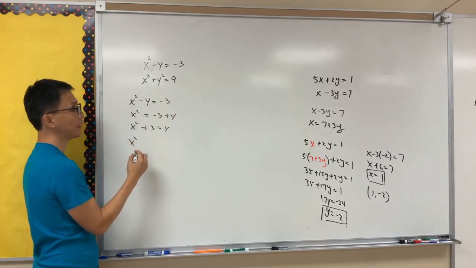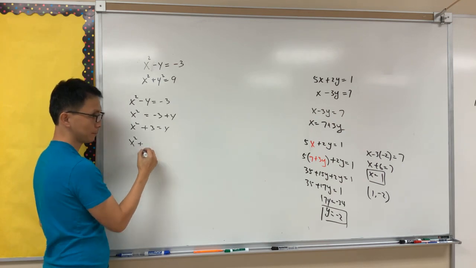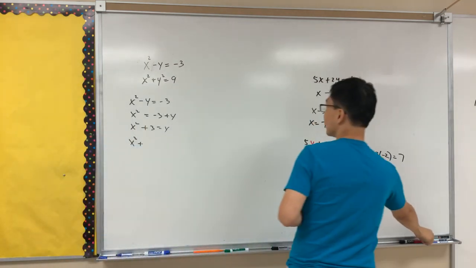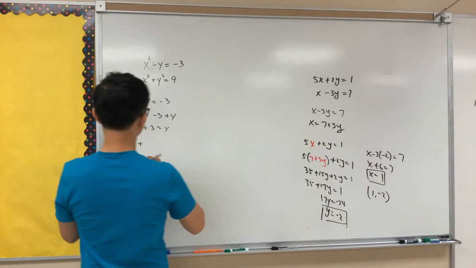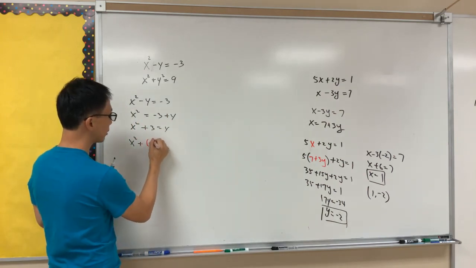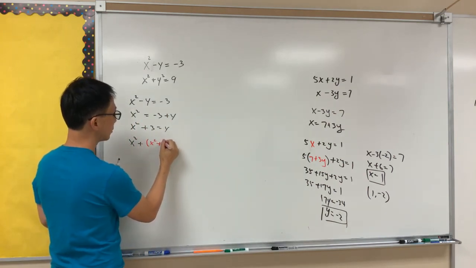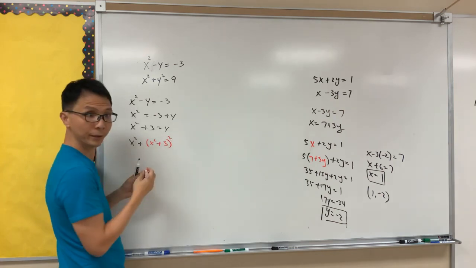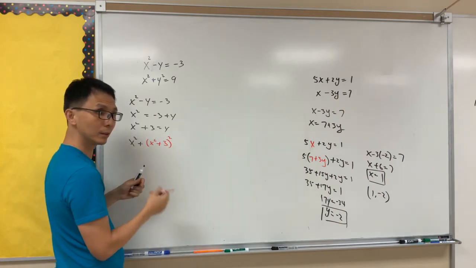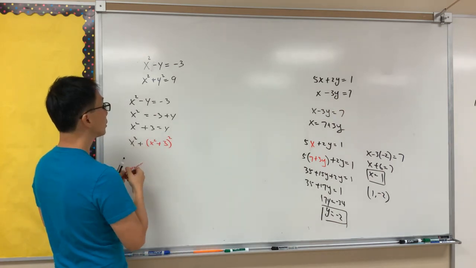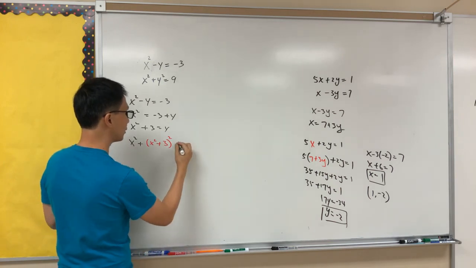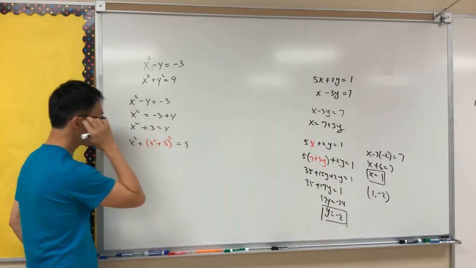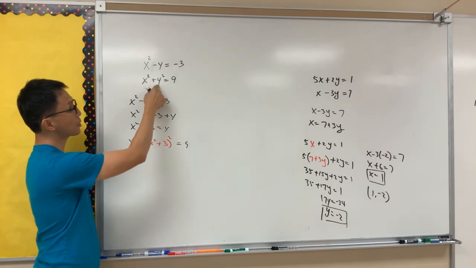So x squared plus 3, squared. That's equal to 9, right? I substitute this y right here.